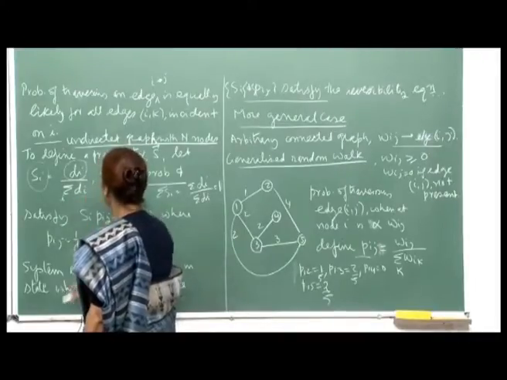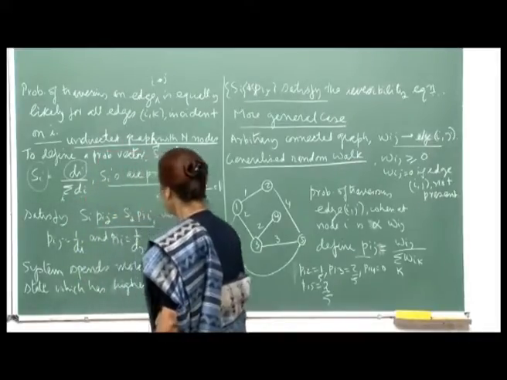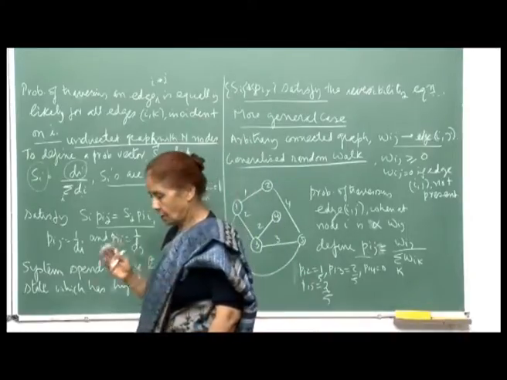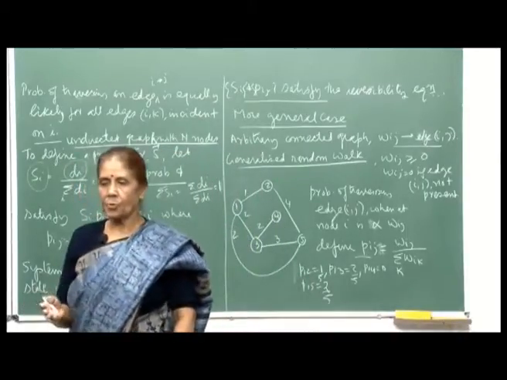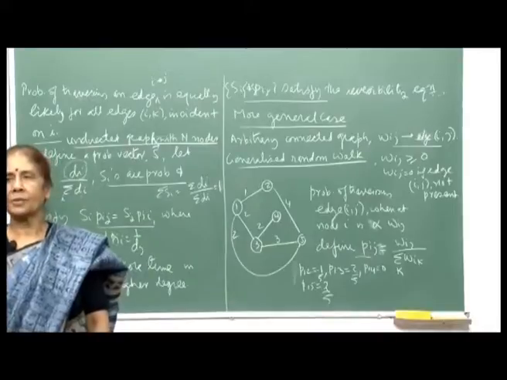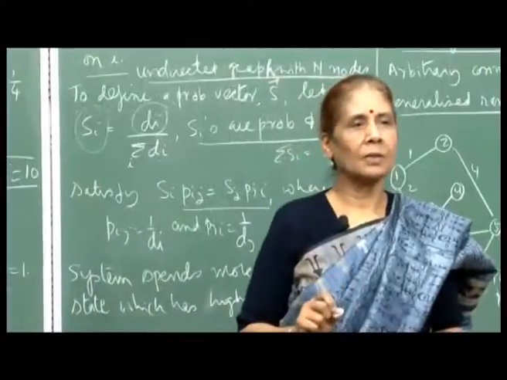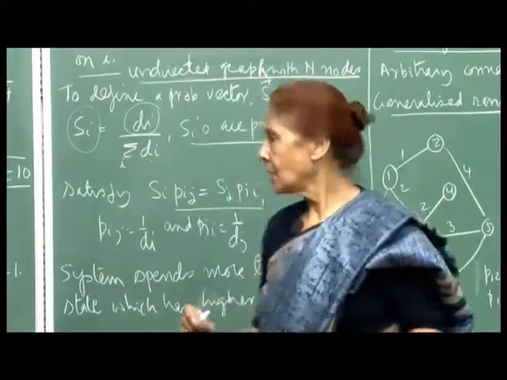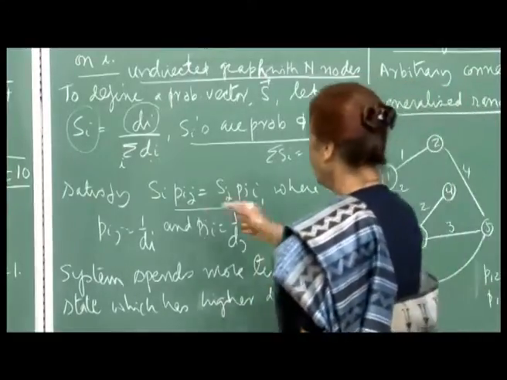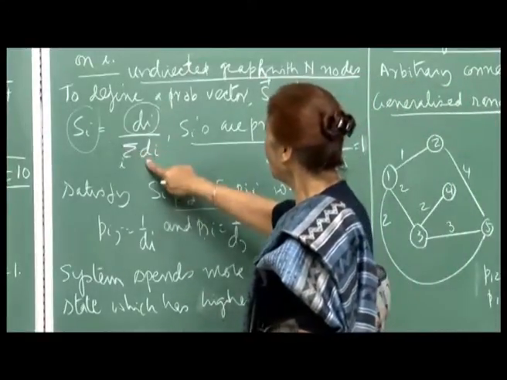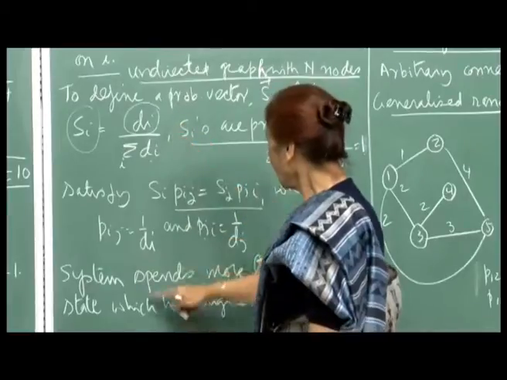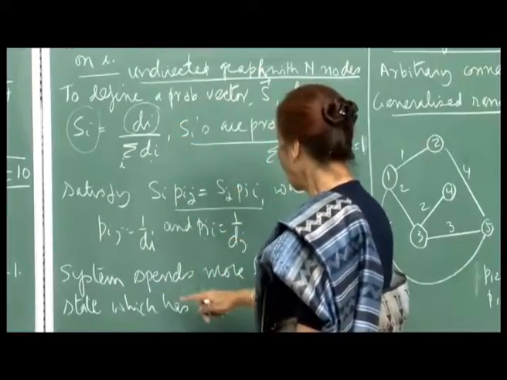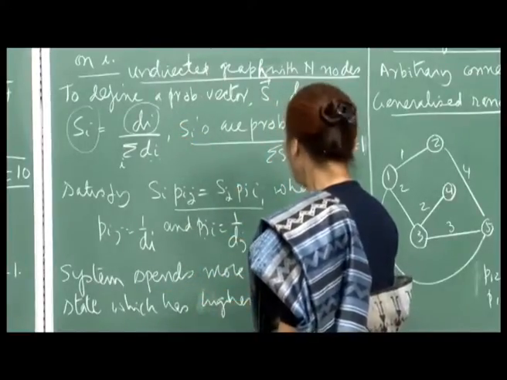So, d i upon sigma d i, and that means that remember state probabilities, the stationary state probabilities also represented the fraction of time the system spent on a particular state, right. So, here since S i is d i upon sigma d i, you see the system will spend more time in the state which has higher degree, right.